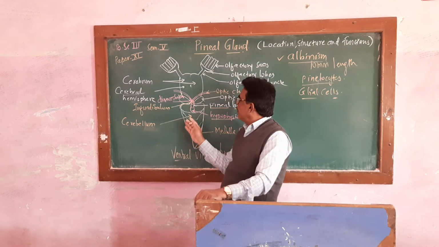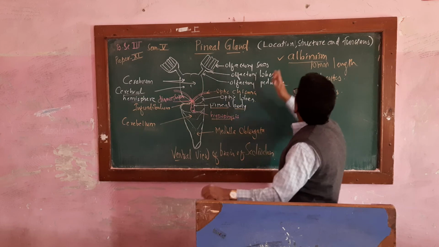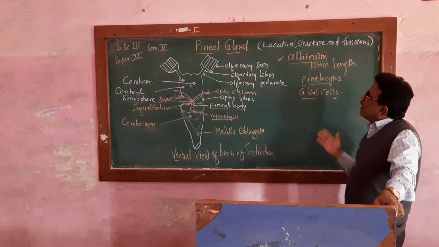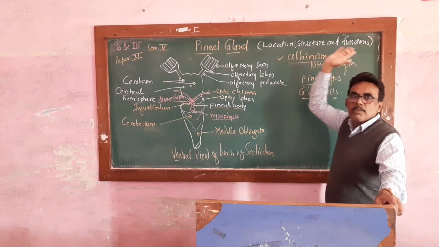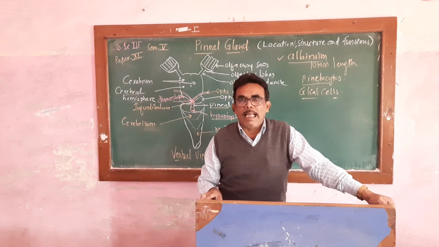In any brain, in its ventral position, the particular gland is located. Then we have studied the structure, how it looks, and we have studied the different functions of the pineal gland.